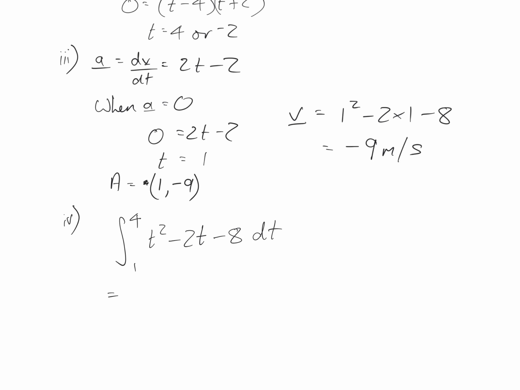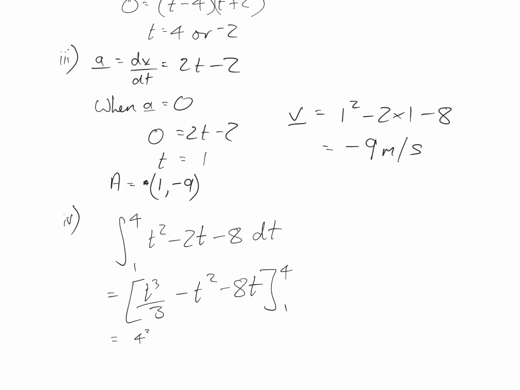We don't need to worry about two separate areas. That might come in the last part. So we get t cubed over 3 minus t squared minus 8t, between 1 and 4.